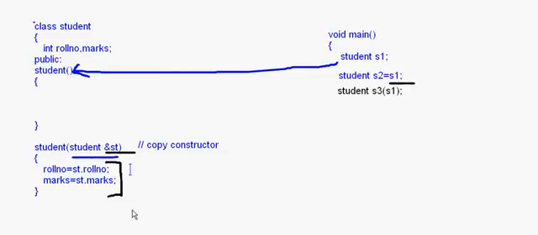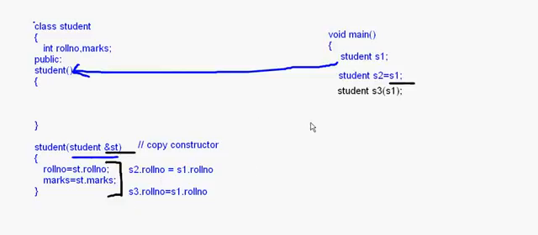Fine. So for the first one it works as s2 dot roll number is equal to s1 dot roll number. When I call the second line here, student s3 within bracket s1, the compiler reads this as s3 dot roll number is equal to s1 dot roll number. Same way for marks also, right?